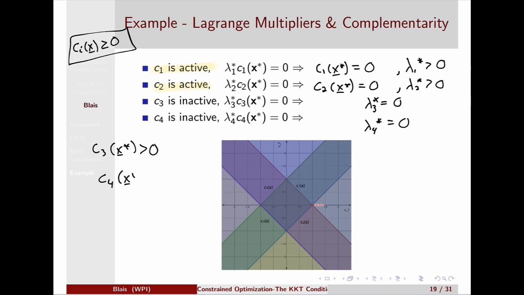C4 of x star is not binding, or inactive, and so complementarity requires lambda 4 equals 0. And this means we've already solved for 2 of the entries in our optimal Lagrange multiplier vector. We know that lambda 3 star and lambda 4 star are both 0.